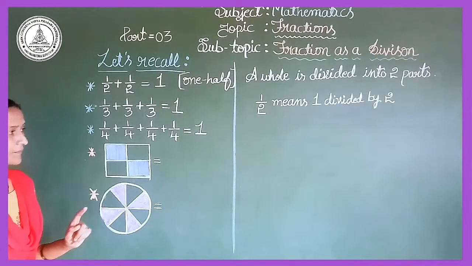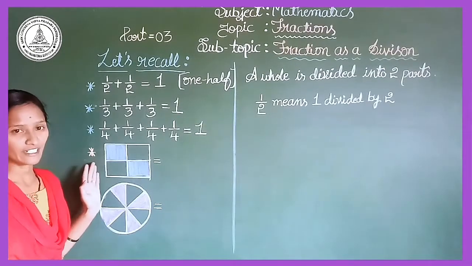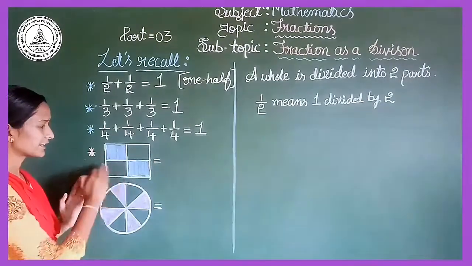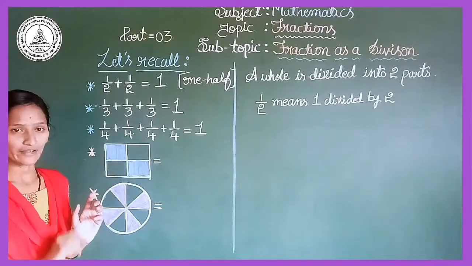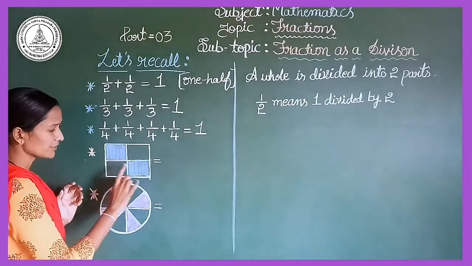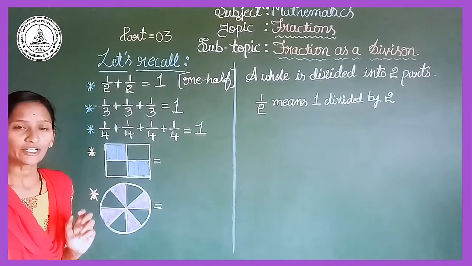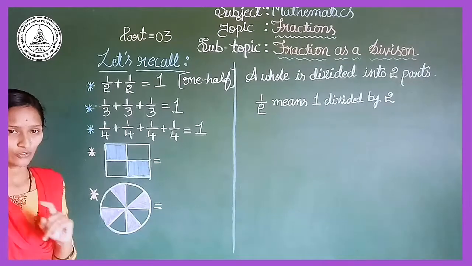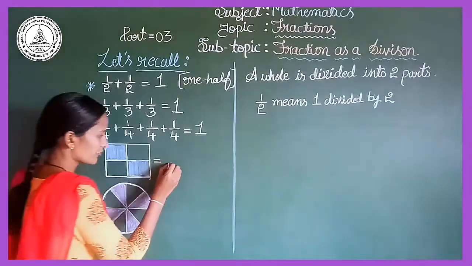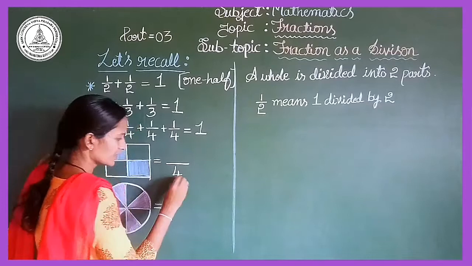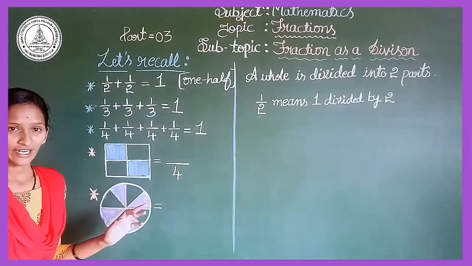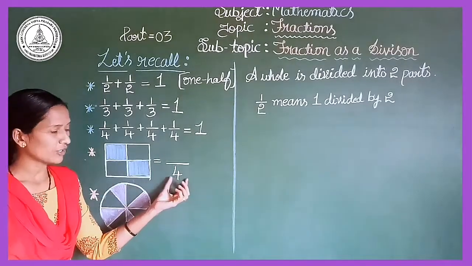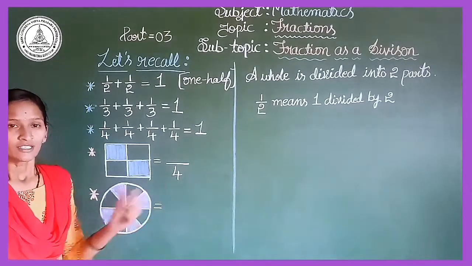Now come here. Here is a rectangle box. In this rectangle box, I divide it into 4 parts: 1, 2, 3, 4. How many total number of parts are there? That is 4. This 4 is called the denominator. The total number of equal parts is called the denominator.